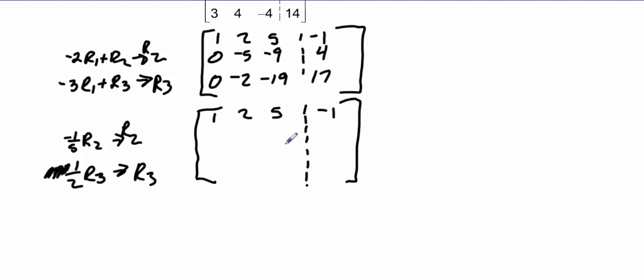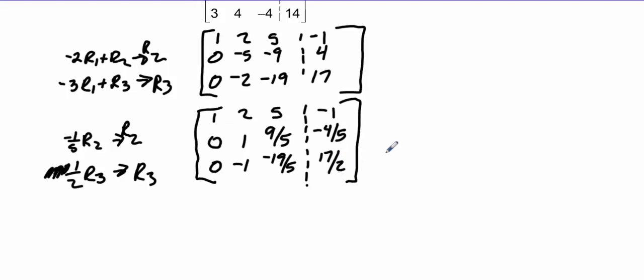Thus, I get 0, positive 1, 9/5, and negative 4/5. Row 3, I'm going to get a negative 1, a negative 19 over 5, and a 17 over 2.